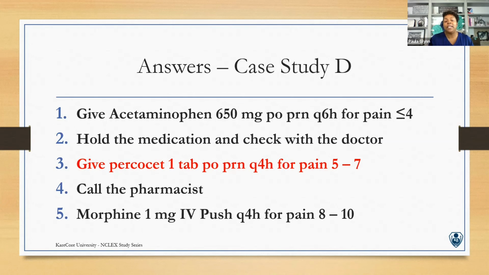And generally what will happen is the physician may tell you to give another Percocet, or may give something else, or may give some Tylenol or something to support that patient's pain. But do know that if you're 2 hours into it now and they're still having pain, it's not something where you say, okay, you have to wait for 4 hours. That is not effectively taking care of your patient, especially having acute pain. You're going to want to call the doctor, and then things will have to change. Things may change. So that's just how to take care of that scenario.